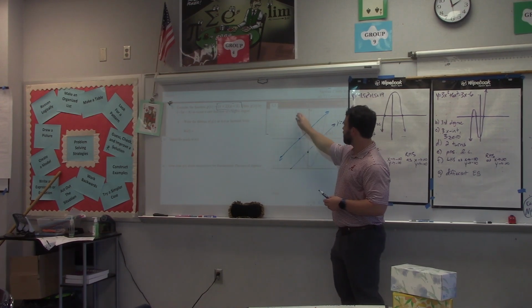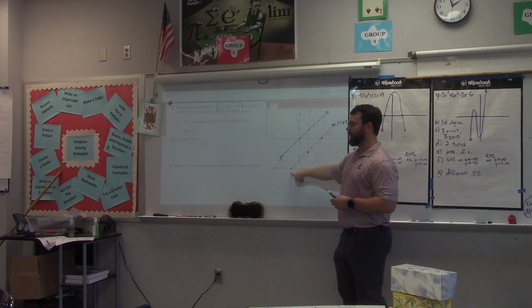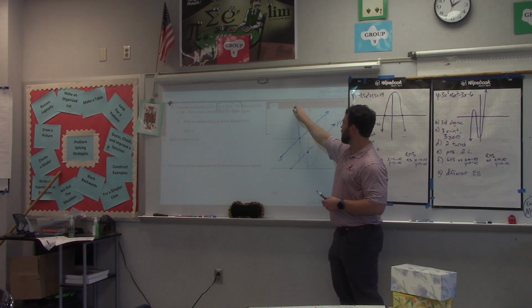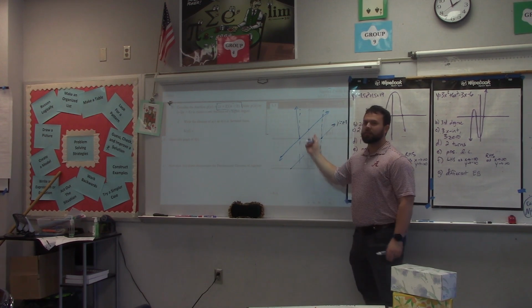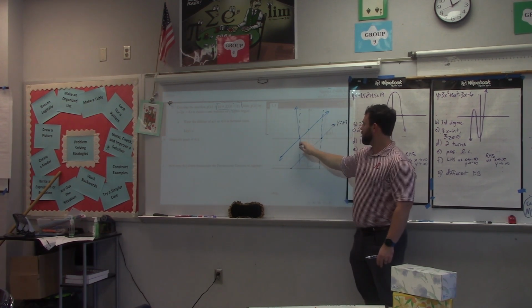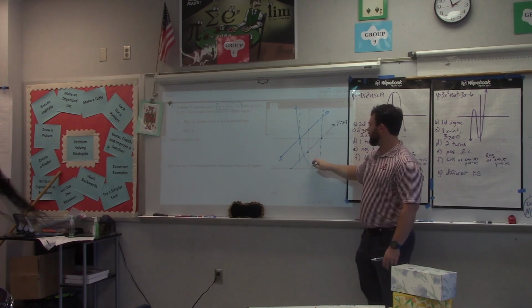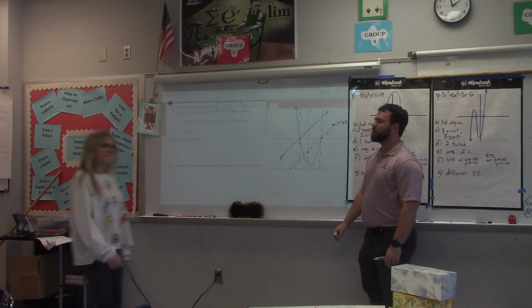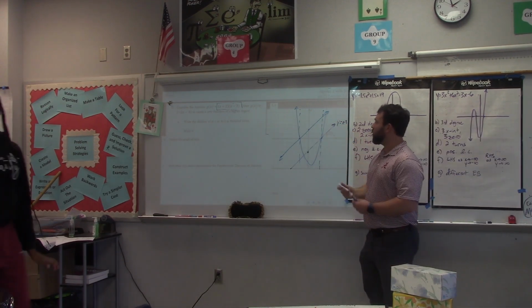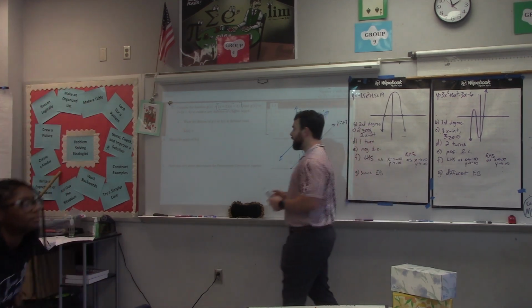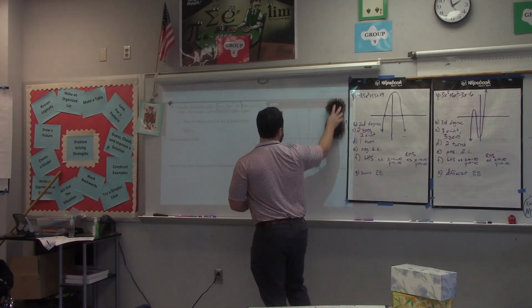When I look to the left here, what's a negative times a negative? Positive. In between these zeros, what's a positive times a negative? Negative. And then what's a positive times a positive? So that parabola right there is already the x plus 2 times the x minus 3.